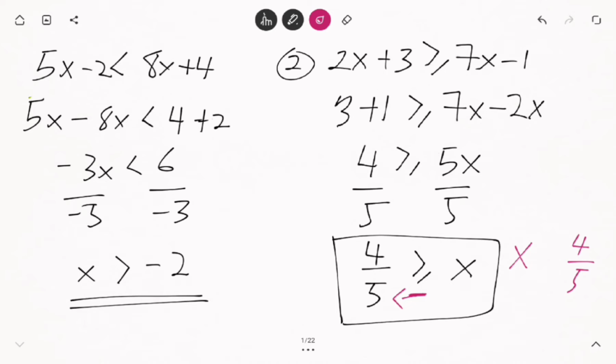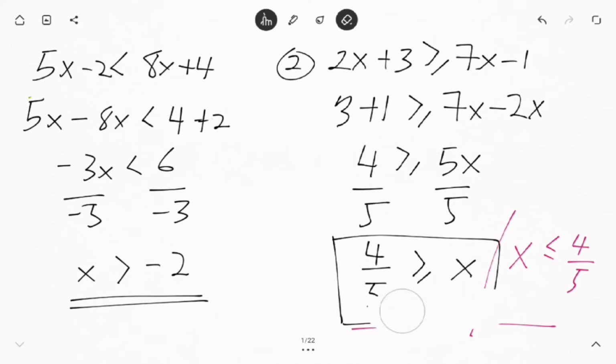I need to make sure it is facing 4 over 5 over here in the same manner. I don't need to change it. Because if I'm writing x first, I need to make sure the back of the sign is towards the x, and then the sign is towards the 4 over 5. Okay, so this becomes our answer. Either this side or this side, any of them is our answer.